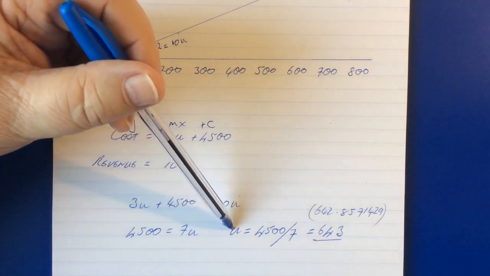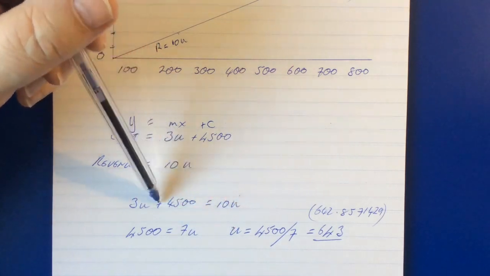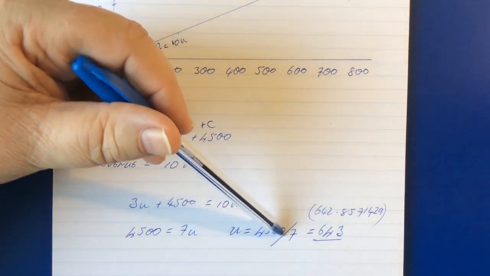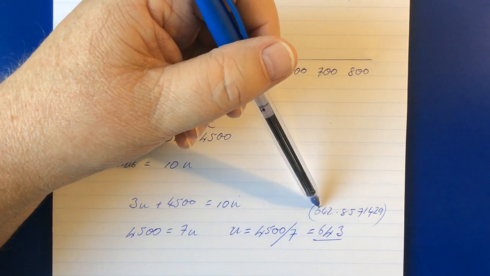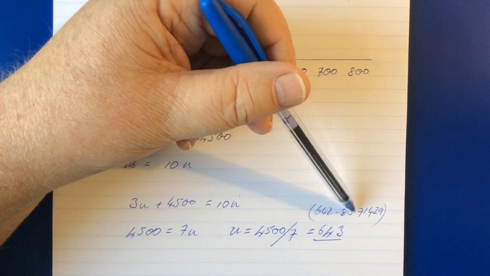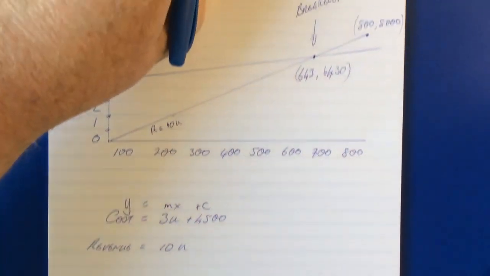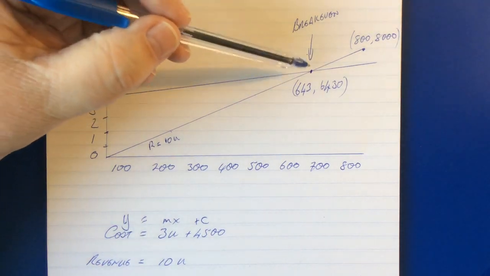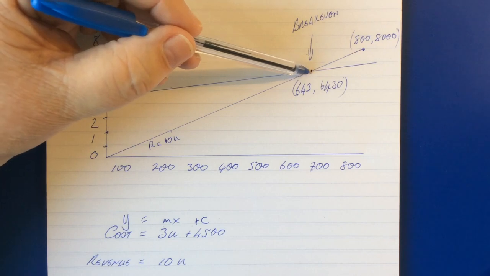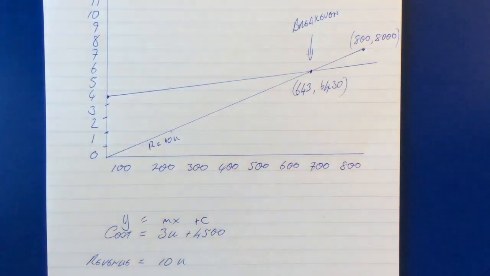So u, the units of production necessary for these two equations to equal each other, is 4,500 divided by 7, which is in fact a fractional unit of production, because it's 642.85 units, and I've rounded that up to 643. You can see that at this point on the graph they intersect, and this is the rounded number because we're not going to sell 0.85 of a unit.